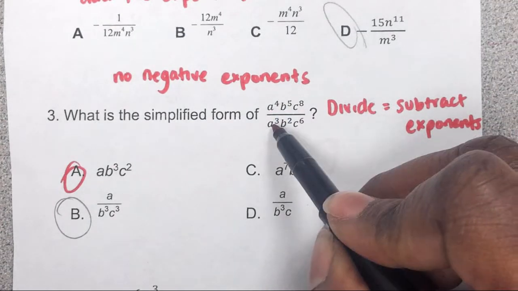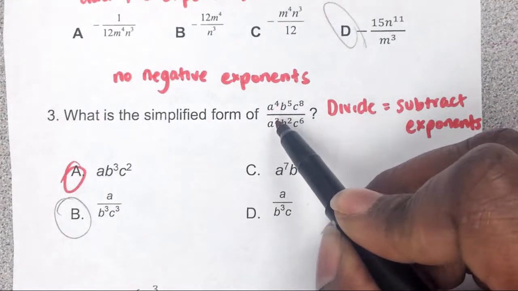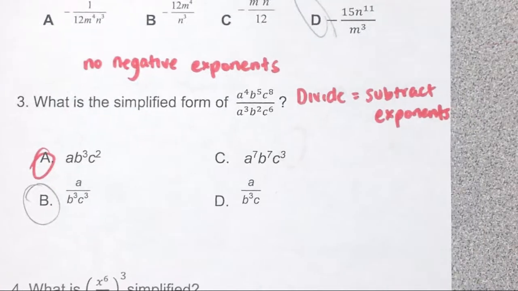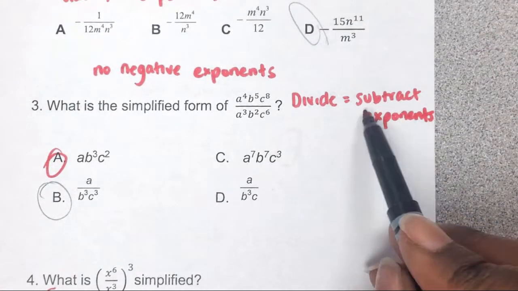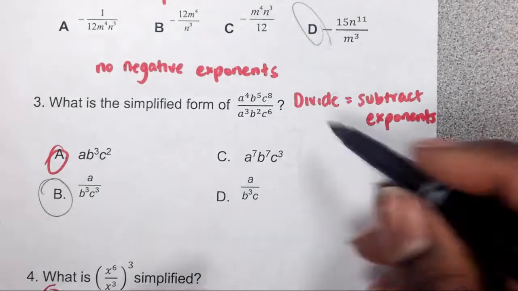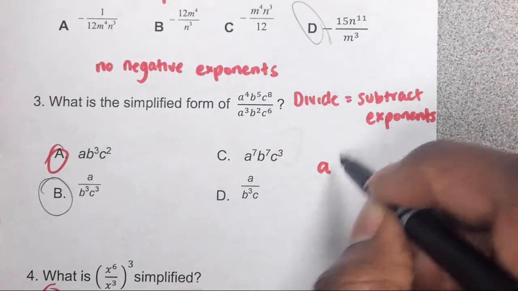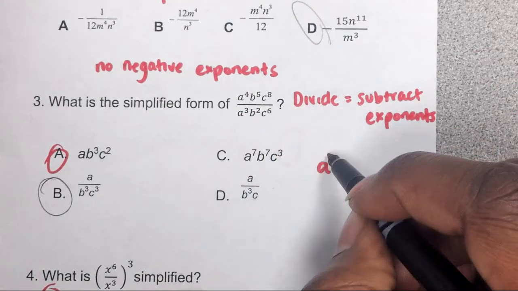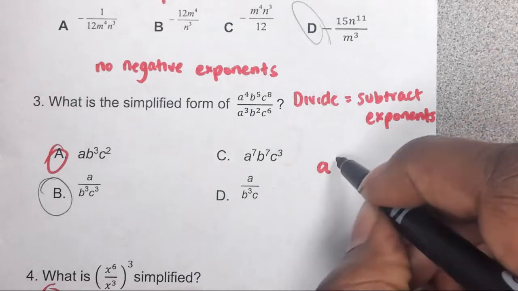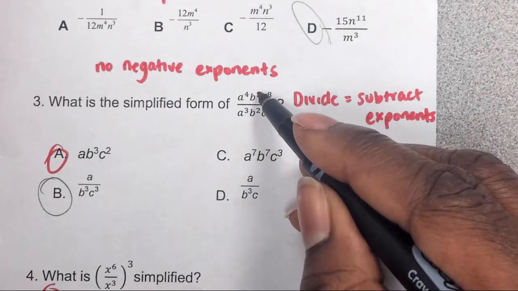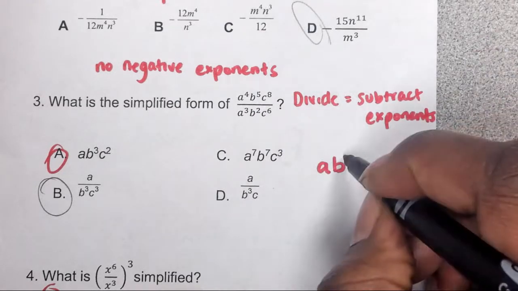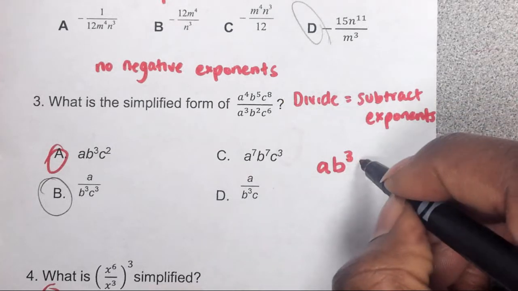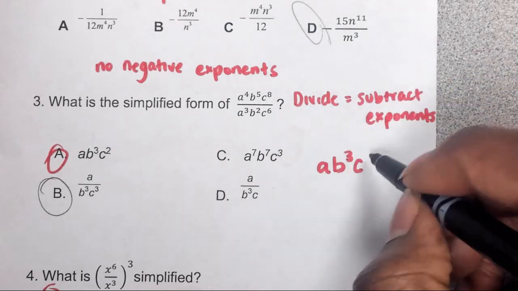A to the power of 4 and a to the 3. What am I going to do with the 4 and the 3? Subtract the exponents. So that's going to leave me with a to the power of 4 minus 3 is 1, invisible 1. Now for the b, what's 5 subtract 2? 3. And for the c's, what's 8 subtract 6? 2.